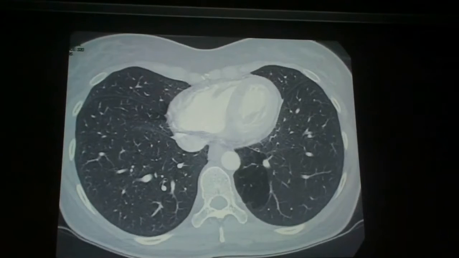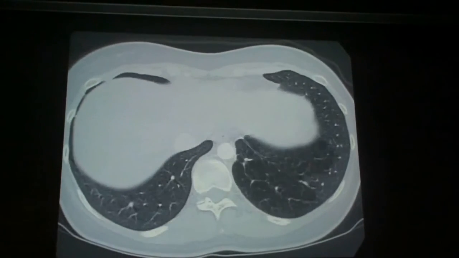So the venous drainage in this case was connected to the pulmonary vein and to the left atrium, and not to a systemic vein. And this is the main distinction between intralobar or extralobar pulmonary sequestration.